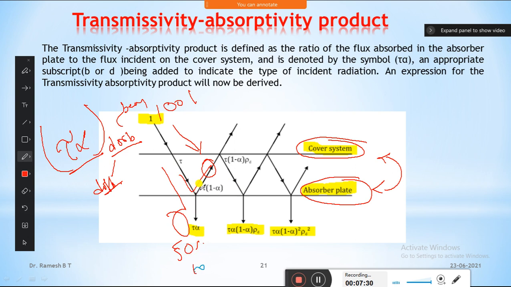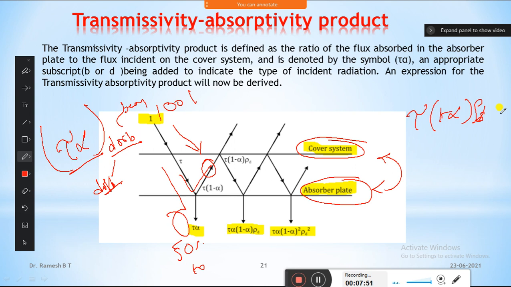And some part of this tau will reflect or diffuse, it is also called diffused, and it becomes tau (1 minus alpha) rho d, or rho s, we can call it rho d. Clear?